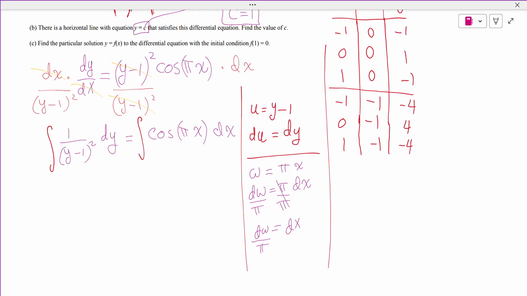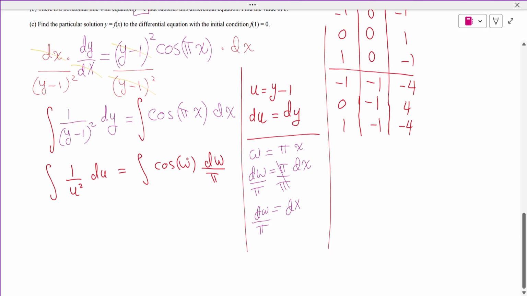Now let's substitute them back here. So we have the integral of 1 over u squared du equals the integral of cos of w times dw over pi. What's going to happen next?